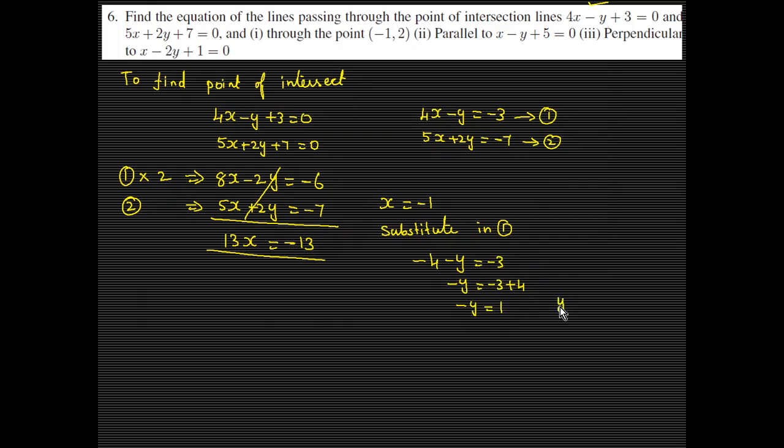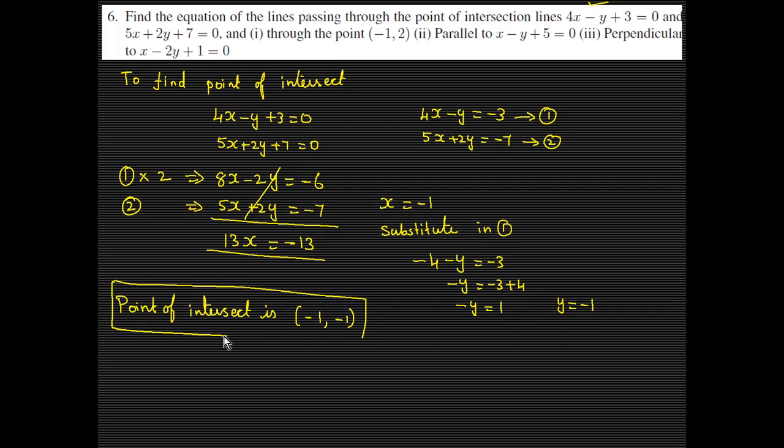From this, y is equal to minus 1. Therefore the point of intersection is minus 1 comma minus 1. So you got the point of intersection.